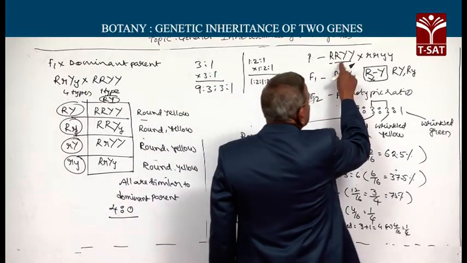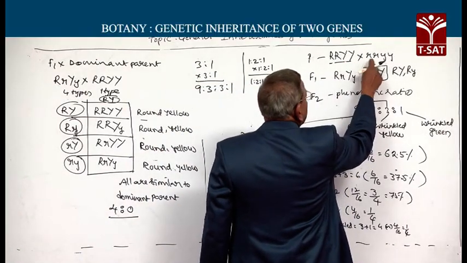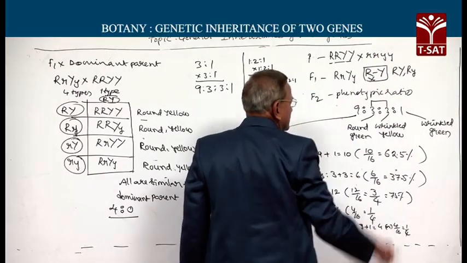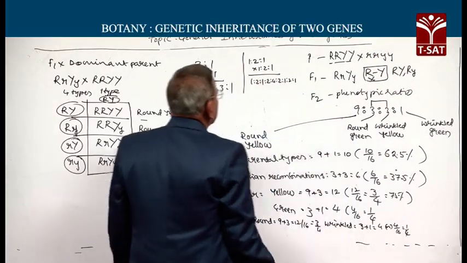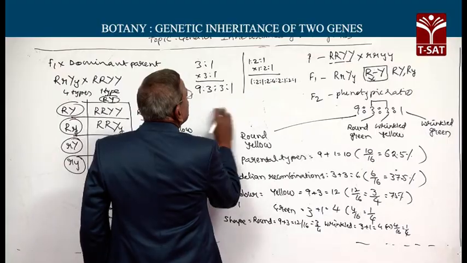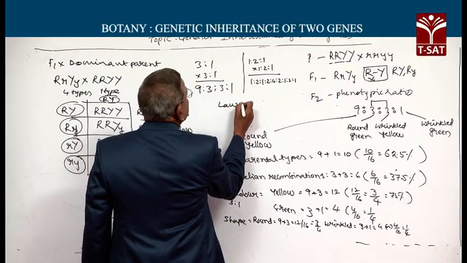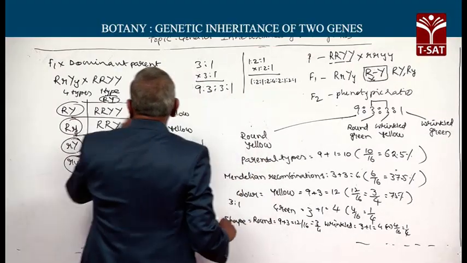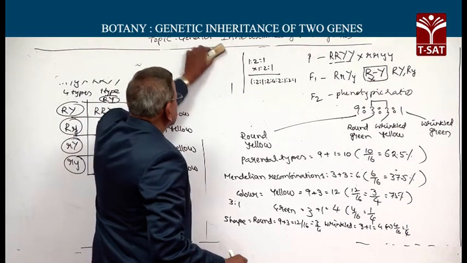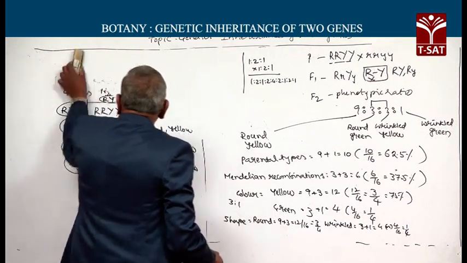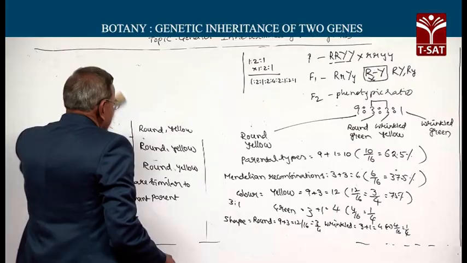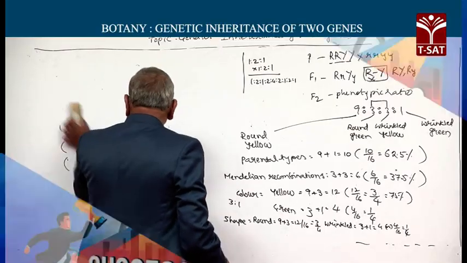Similarly, this is true for Y and other genes also. So, basing on this, Mendel proposed what is called law of independent assortment.